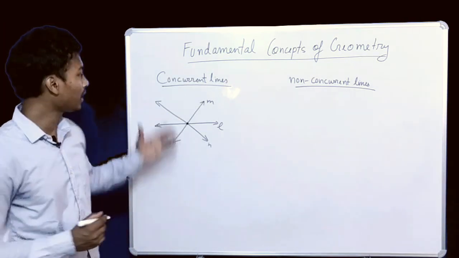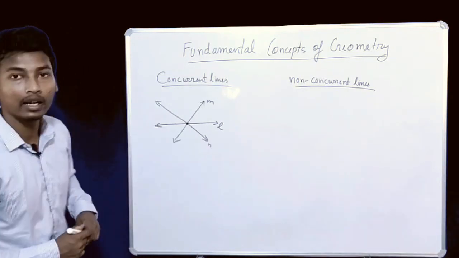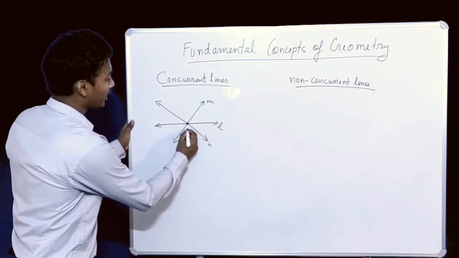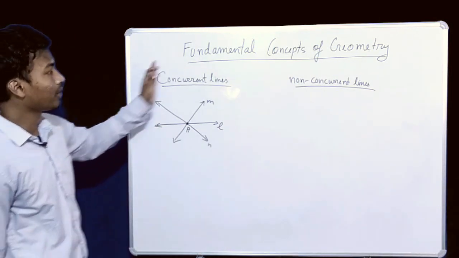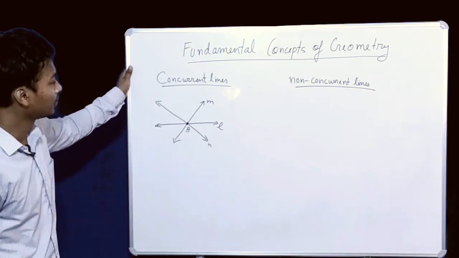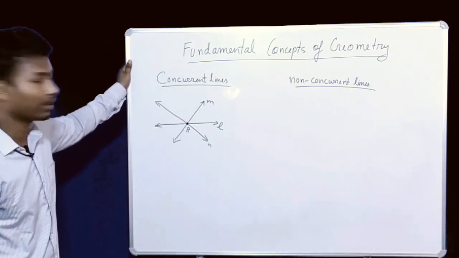So 3 lines are said to be concurrent if they intersect at a common point. Let's name this point A. What if you have another line? Yes, that will also be concurrent. So you'll have 4 concurrent lines, and so on.